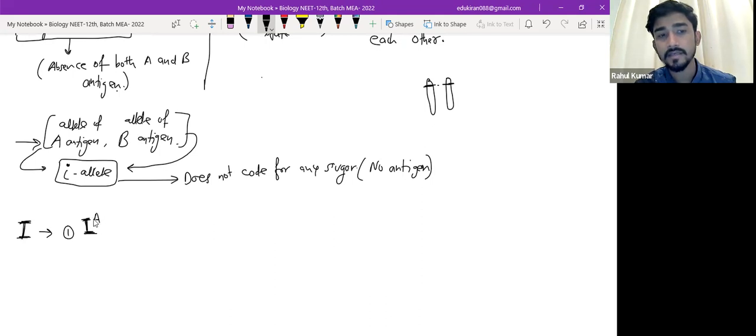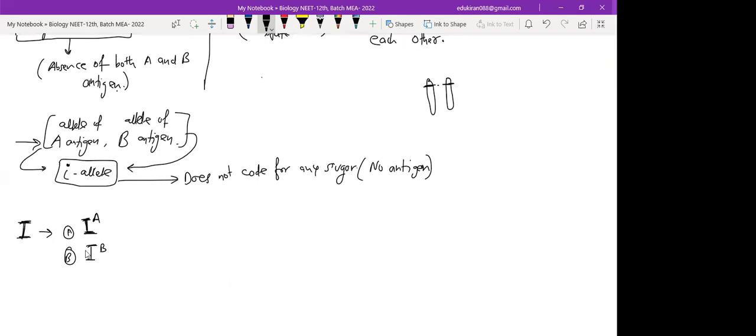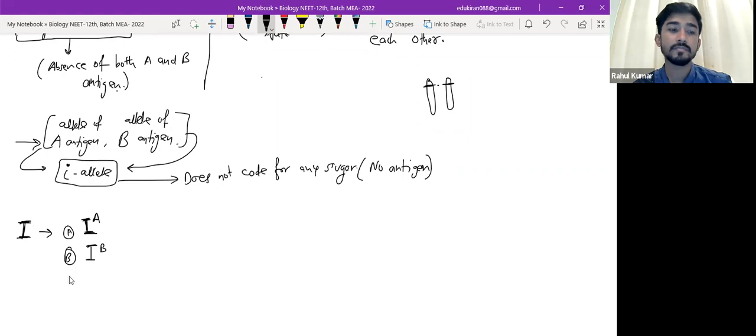This IA means the allele for antigen A, the version of the gene for antigen A. Is it clear, everyone? Am I audible, people? Yes, sir. Then the allele for antigen B, and then an empty allele which does not code for any sugar, which is called i, small i. So these are the 3 alleles of the gene I.